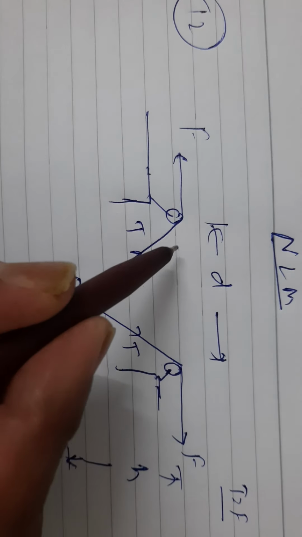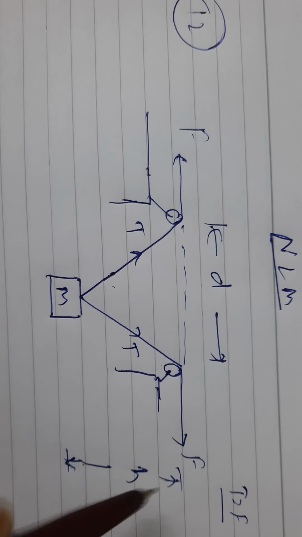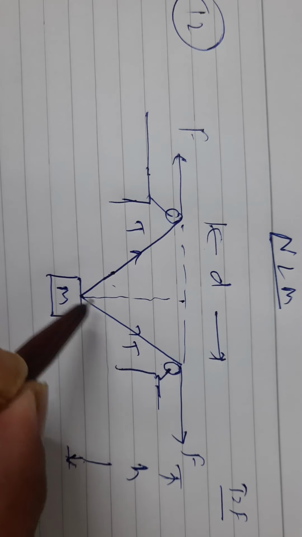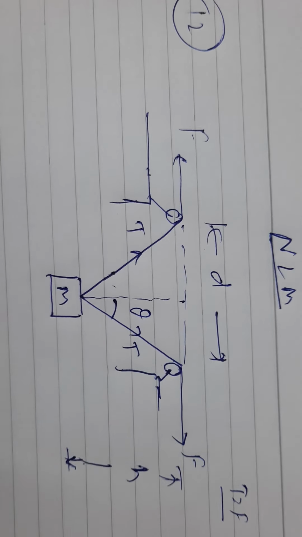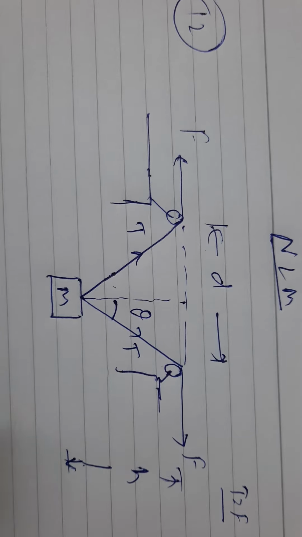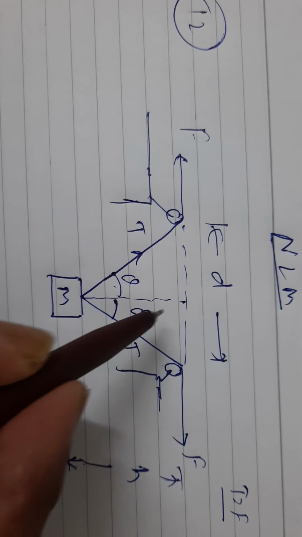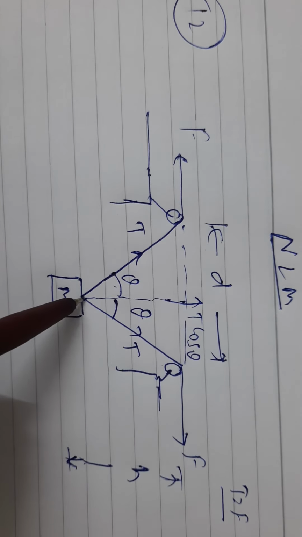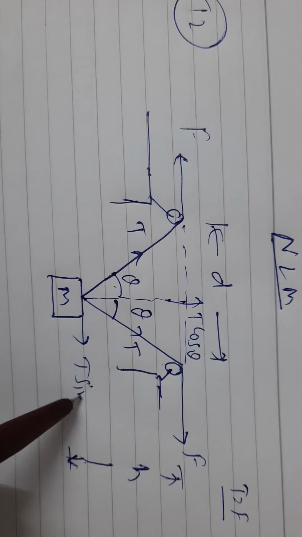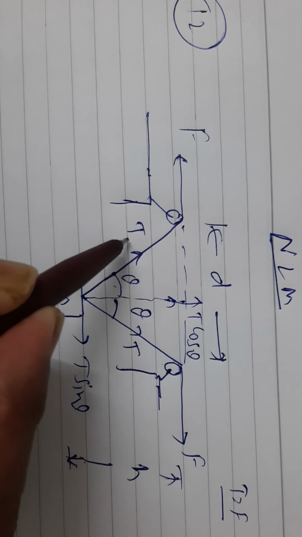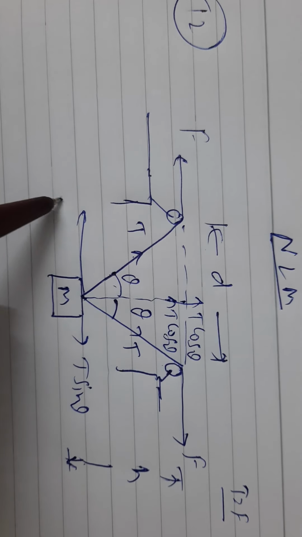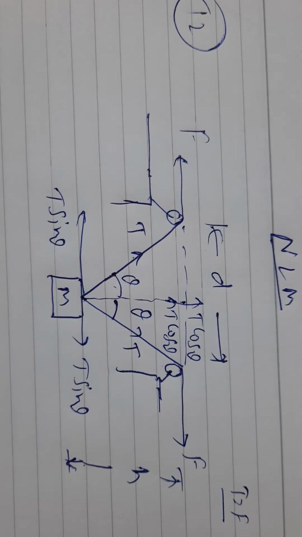Now, first thing, this side is H, this is D. First we need to prove that as this person moves up, the value of the force required, or say tension, increases. Okay, let's solve it. Here is theta. I take this component T cos theta, and this component T sin theta. From this side, this is T cos theta, and this is T sin theta.